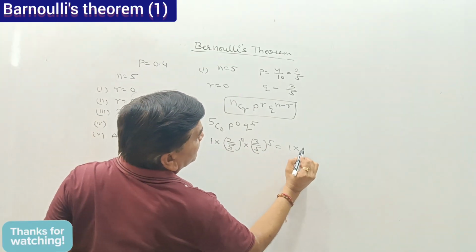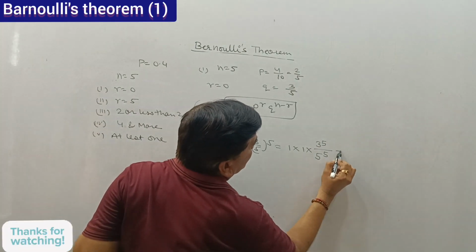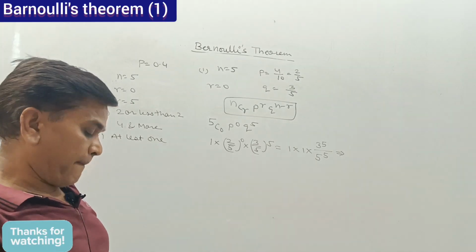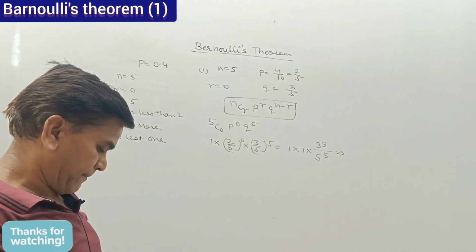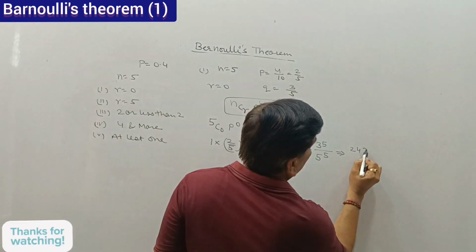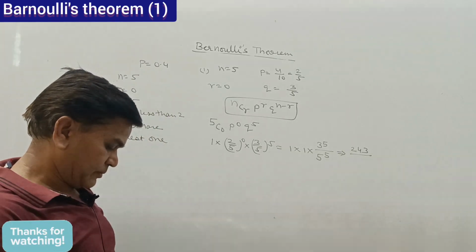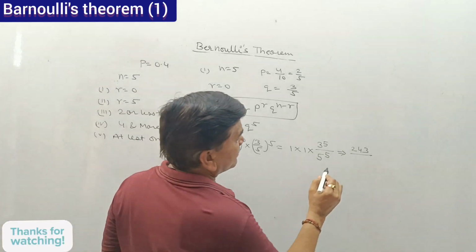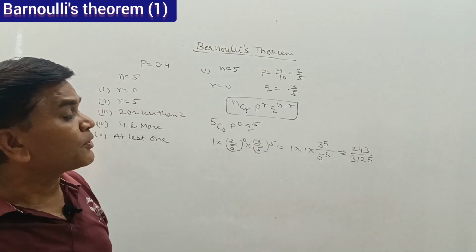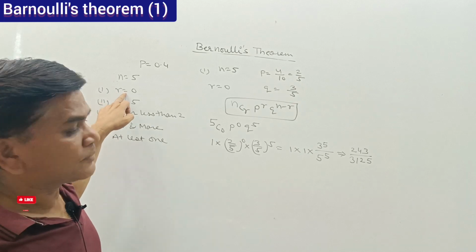So 1 multiply 3 raised to power 5 and 5 raised to power 5. So 243 divided by 5 raised to power 5, 3125. So the probability will be 243 divided by 3125. That is for 0.